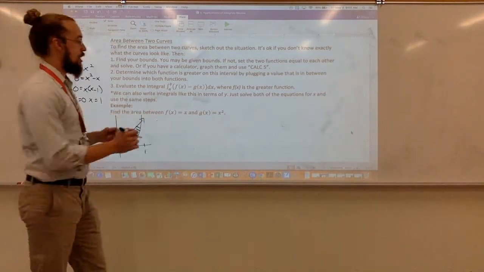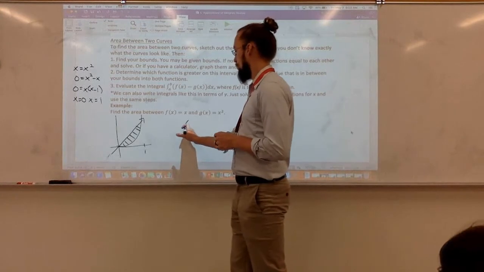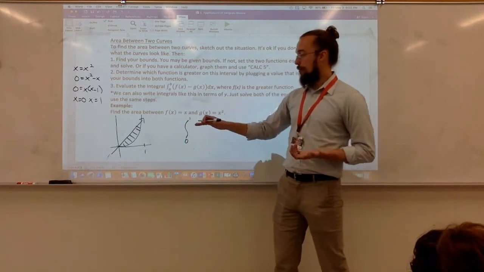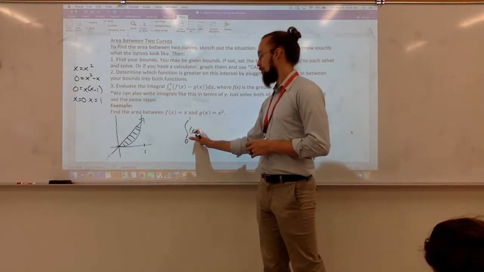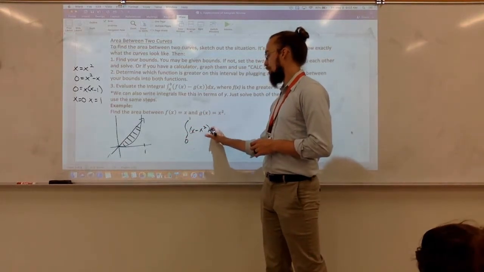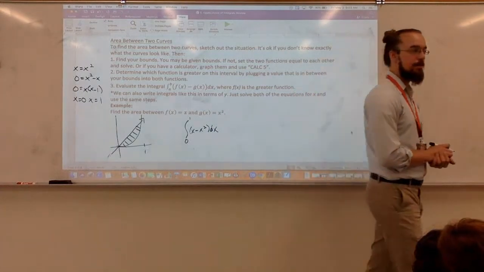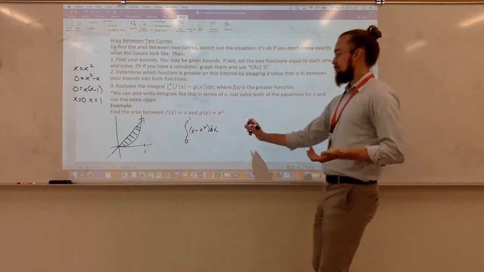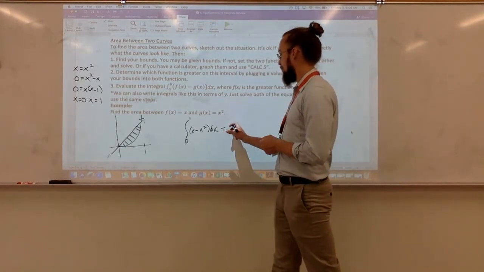To do that, we're just setting up this integral. Integral from 0 to 1 of the top function minus the bottom function. So x minus x squared dx. To do this by hand, just taking the antiderivative of each piece.